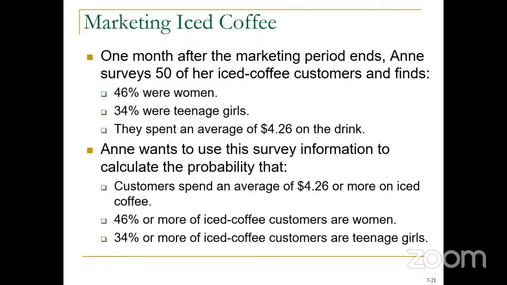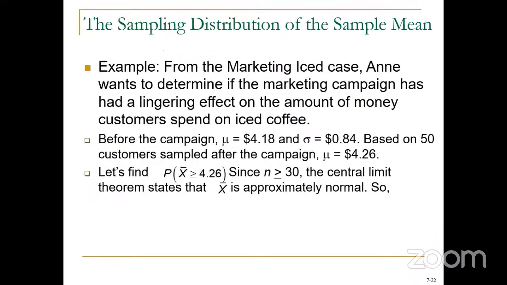So I'm looking for the probability of x bar more than or equal to 4.26, and n is more than or equal to 30, because we have a survey of 50 people. So by the central limit theorem, we know the data is approximately normal, and so we can apply the z-score.